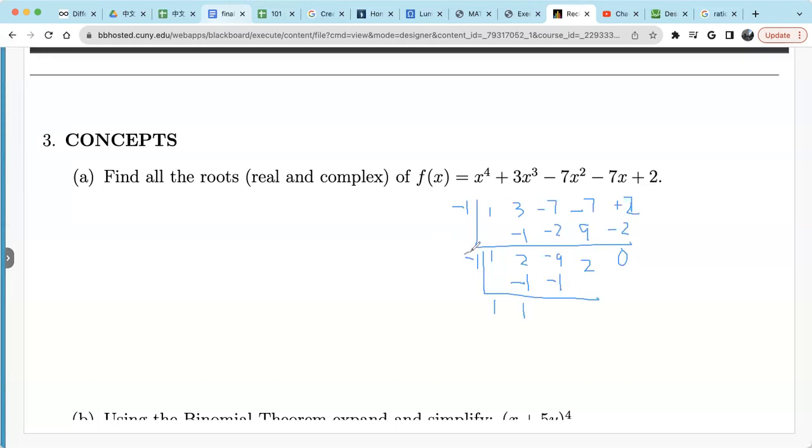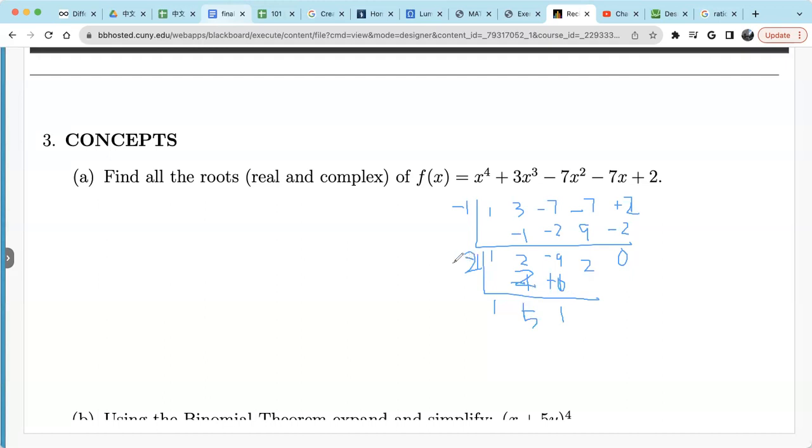Well, let's try 2. I pull this one down. 2 times 1, that's 2. 2 plus 2, that's 5. 2 times 5, that's 10. 10 minus 9, that's 1. 2 times 1, that's +2.